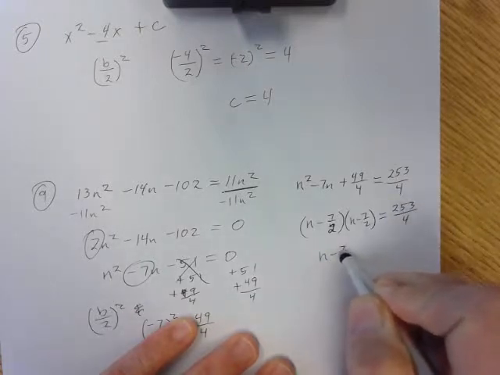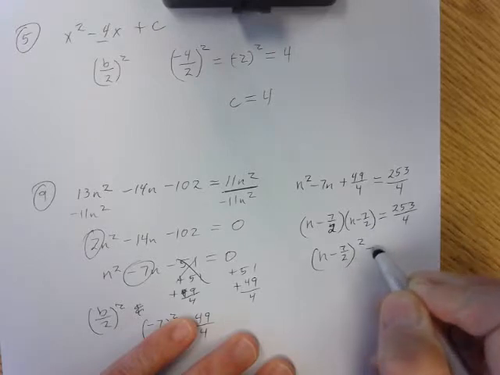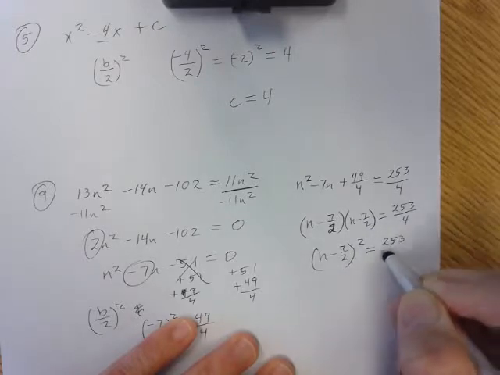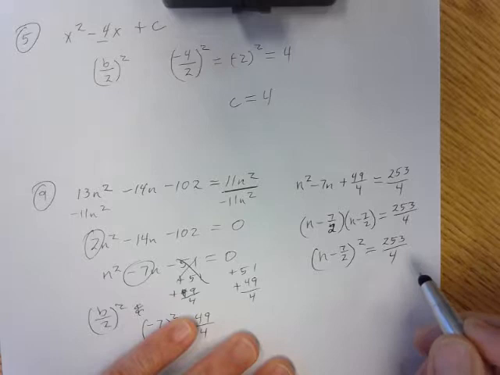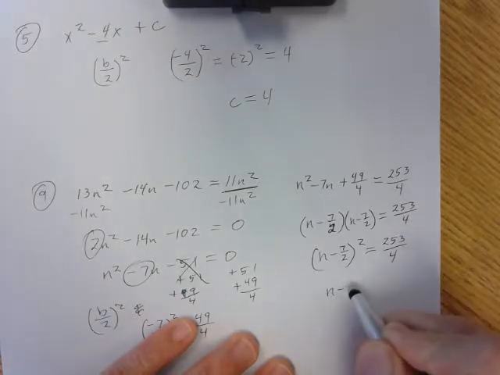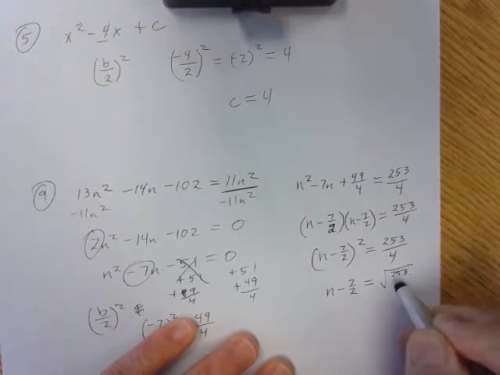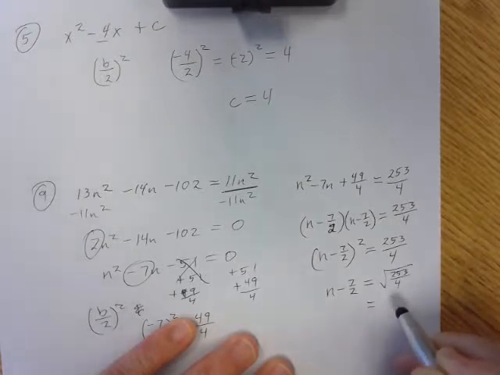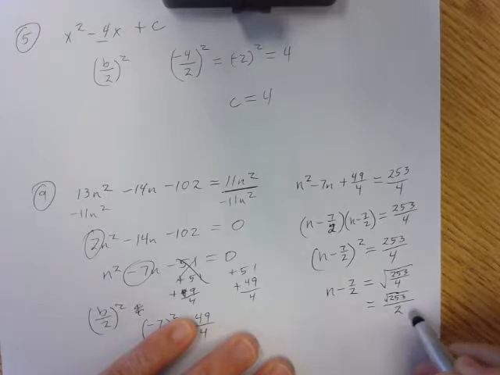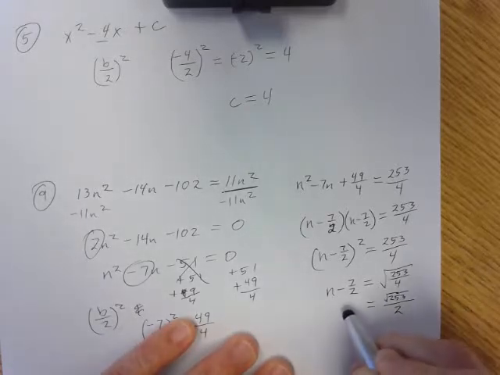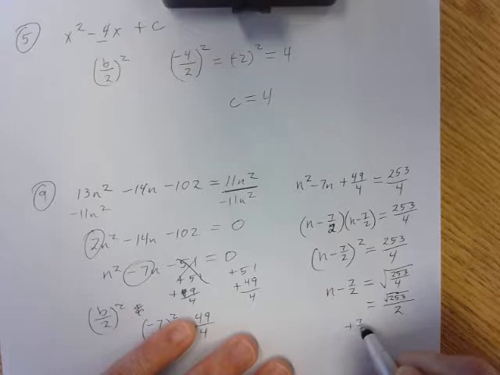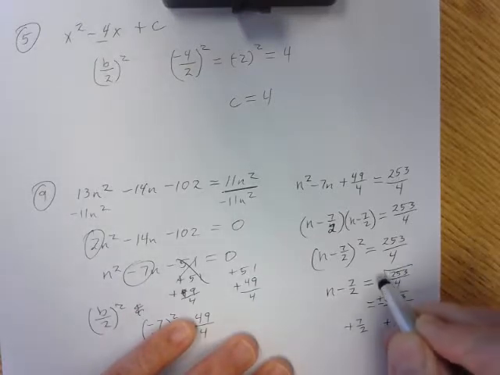So n minus 7/2, the quantity squared, equals 253/4. So I'm going to square root each side. That gives me n minus 7/2 is equal to the square root of 253/4. Remember, I can take the square root of the numerator separately from the denominator. So the square root of 4 is 2. Then I'm going to add 7/2 to each side, and this is positive or negative.